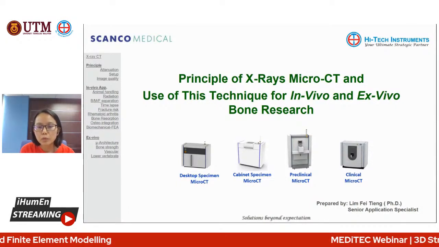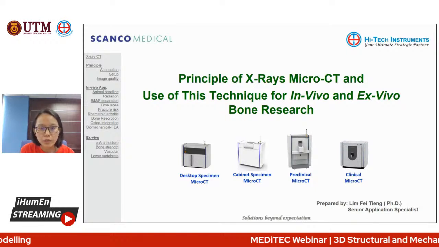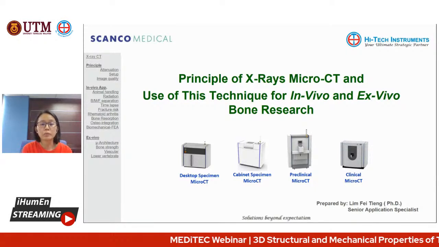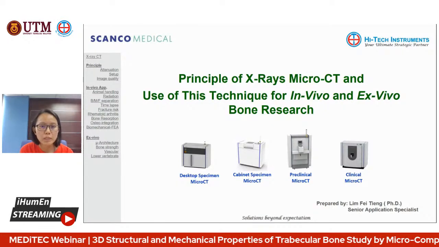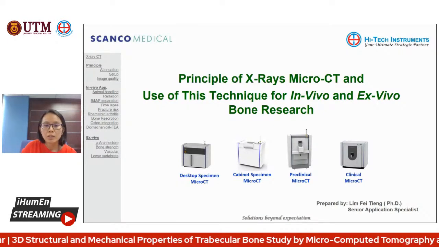After that, I will go straight into applications for in vivo and ex vivo bone research, like factors that we need to consider before we start in vivo bone research.